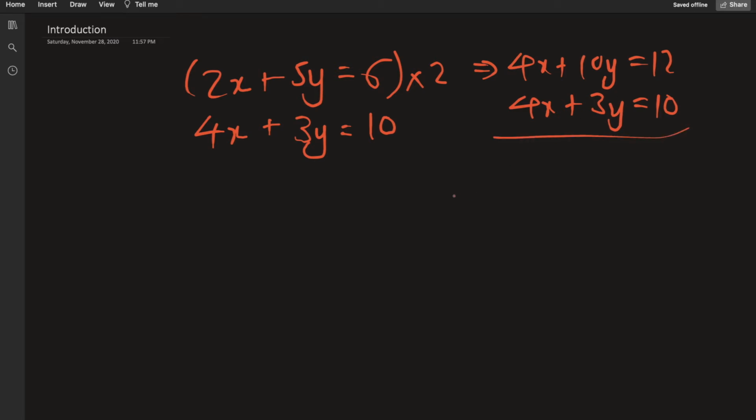And when we do that, we get 7y is equal to 2, and we can solve the equation.